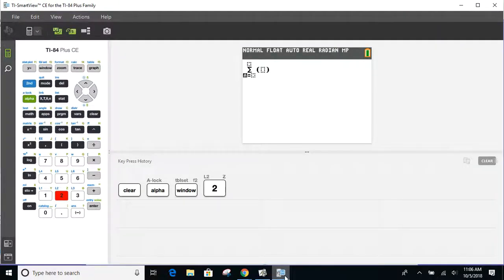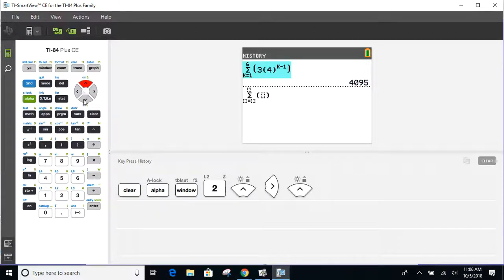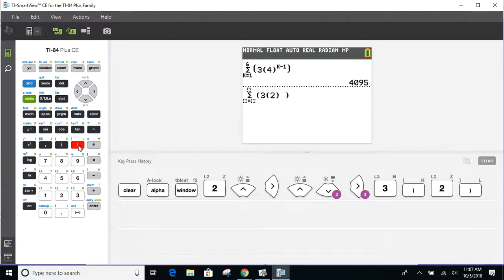Everything's got to go in the parentheses, meaning you should not put anything outside those parentheses. So here's what I'm talking about. 3, now you see I have to do another set of parentheses. 2, and then inside that same original set of parentheses, raised to the n minus 1. So that's got to go all in the original set. And then hopefully you get out 12,285.